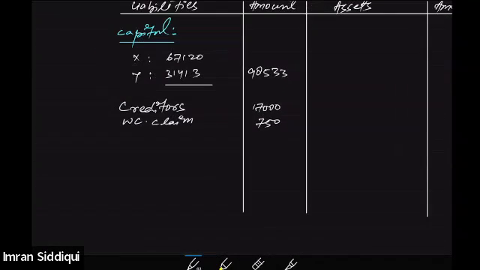So bills payable 2475. Then Z's loan was also there, 2475.